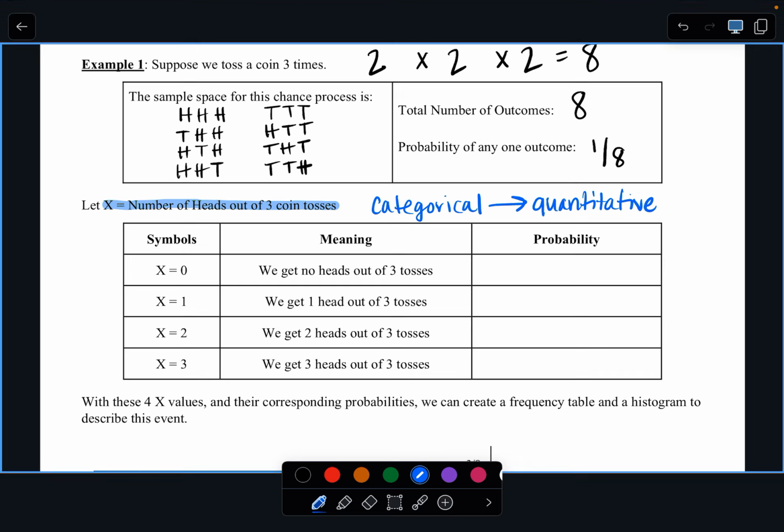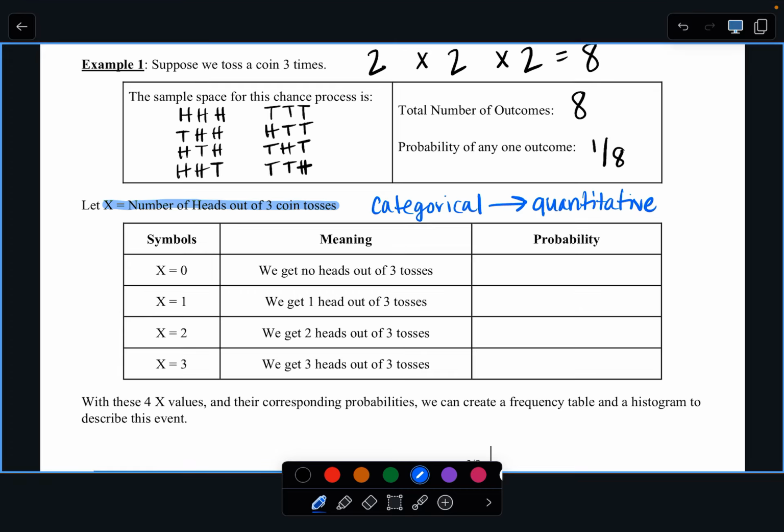If you are doing anything with random variables, it has to be some measure of quantitative data. Otherwise, nothing that we do in terms of finding the mean and the standard deviation is really going to matter. So what are these individual probabilities? We have getting 0, 1, 2, and 3 heads out of 3 tosses.